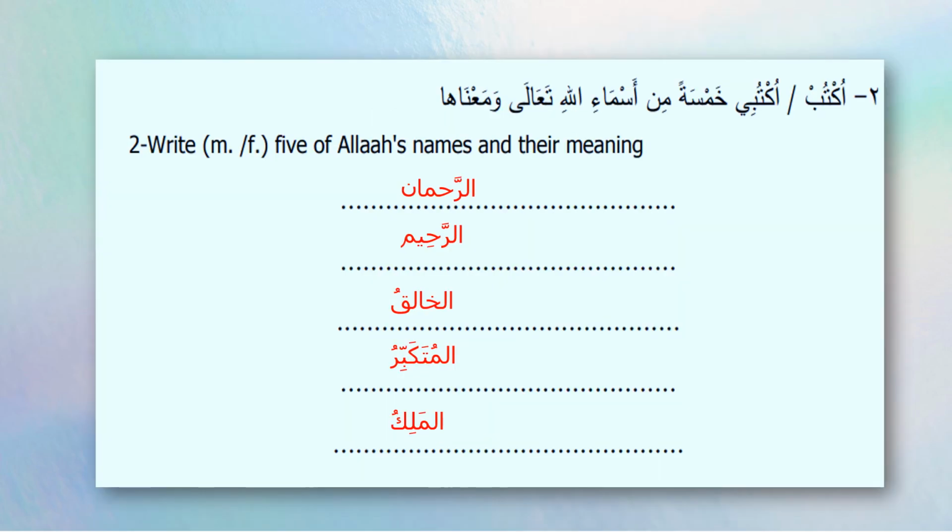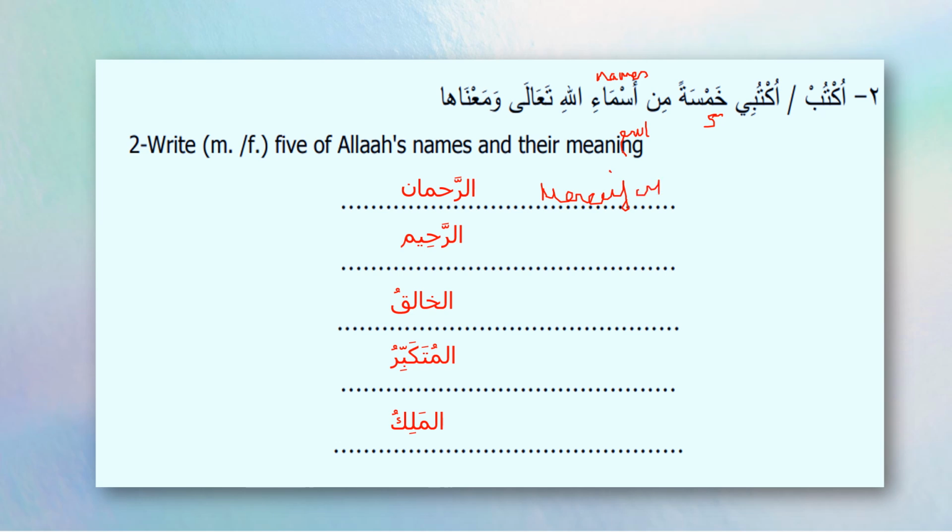Uktub khamsatan min al-asma'i means you have to write 5 names of Allah subhanahu wa ta'ala. Min asma'i Allah, asma means the names. It is the plural of ism. And give the ma'ana. Ma'anaha means give its meaning. So Ar-Rahman, Ar-Rahim, merciful.